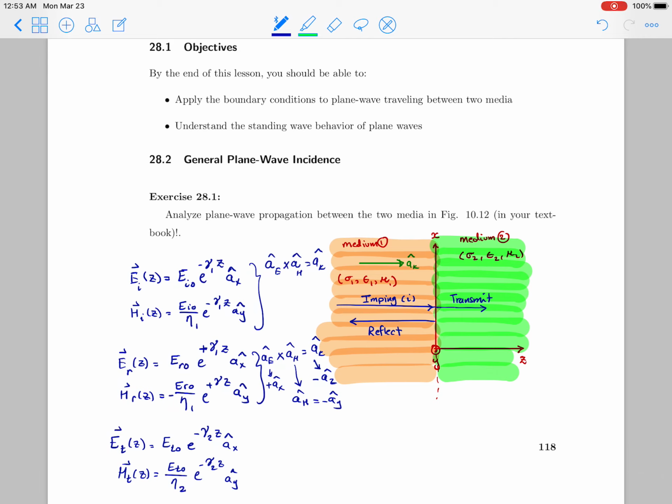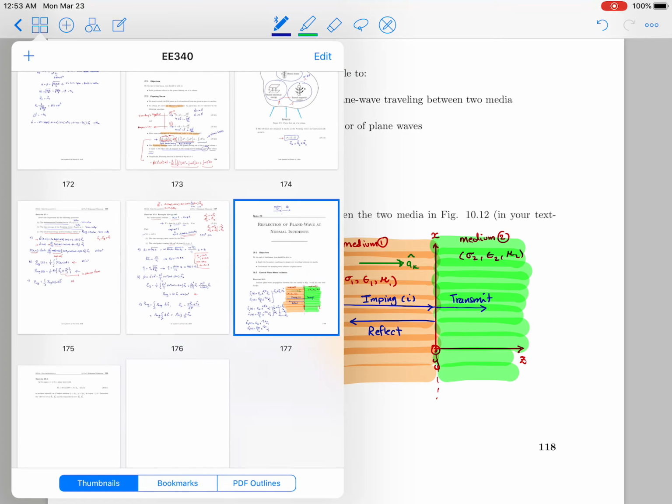Okay, now we wrote all the expressions for the fields. Now we want to find their magnitudes in terms of the incident wave. Let me add one page here.